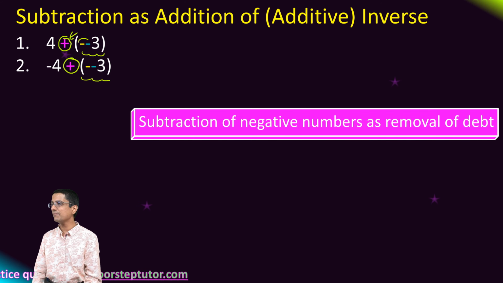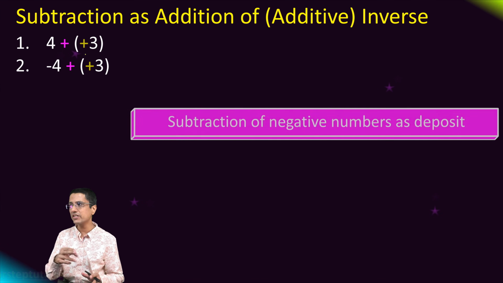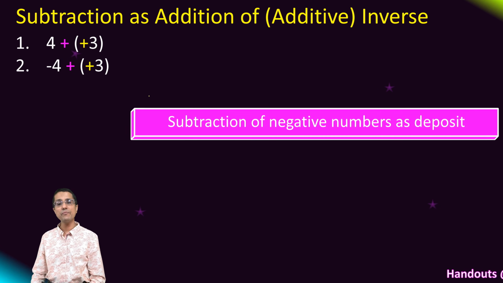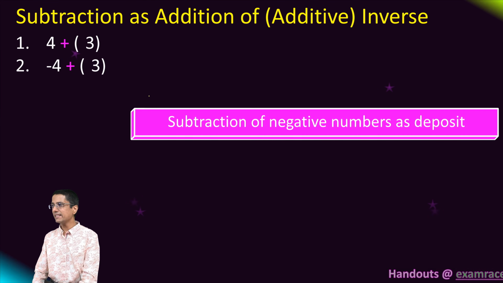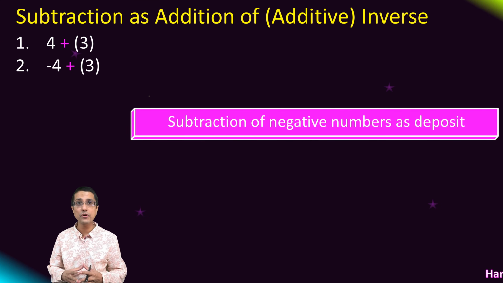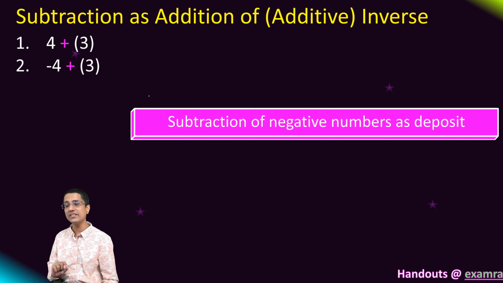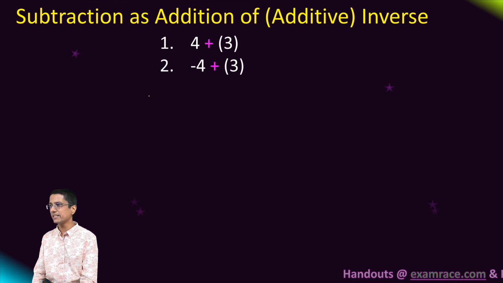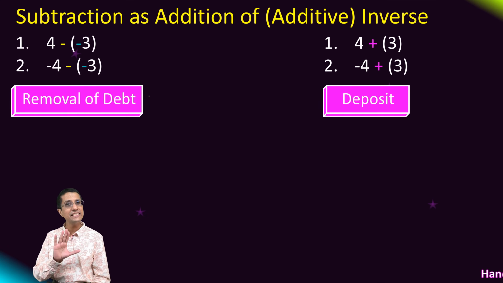This minus and minus actually can be turned into a plus, because we know two negations would cancel each other and they would become a plus. And then this plus can actually be removed because I don't have to write plus 3, I can simply write 3. So these two expressions are again exactly the same.